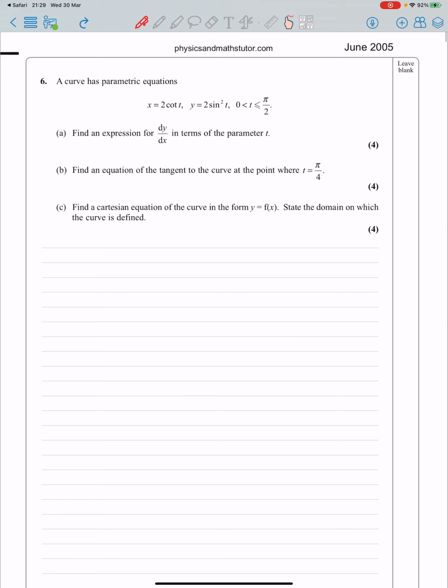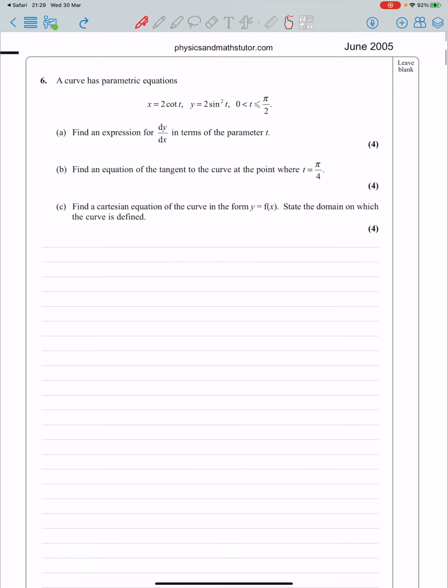First question is to find an expression for dy/dx in terms of the parameter t. The first thing that we need to know is that using the chain rule, dy/dx can be given as dy/dt multiplied by dt/dx.